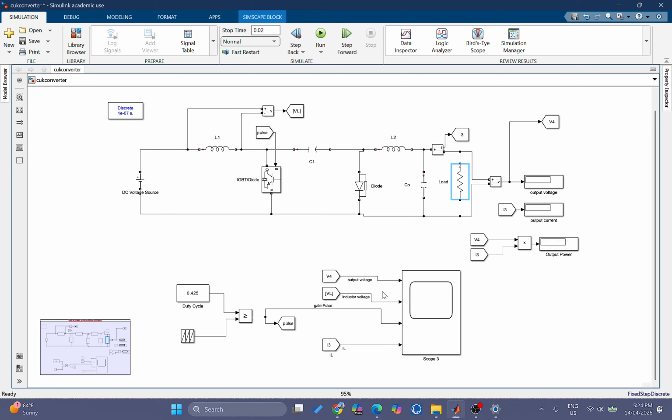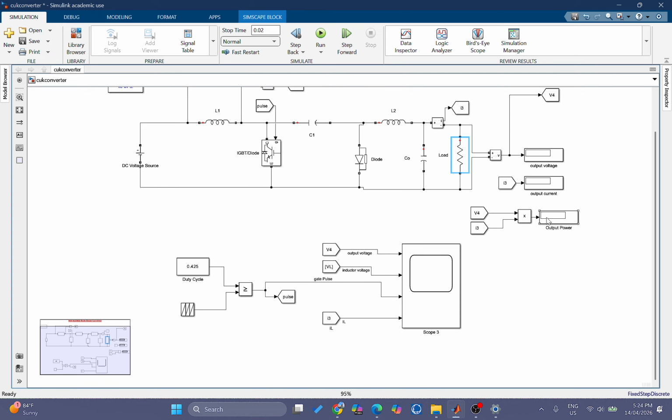Then we can get the output power by multiplying the output voltage times output current.